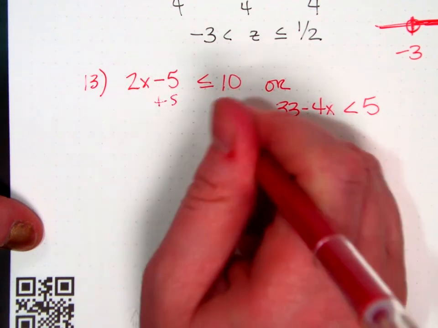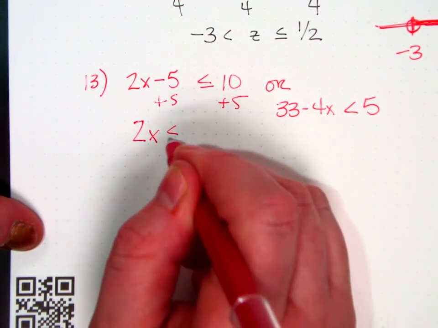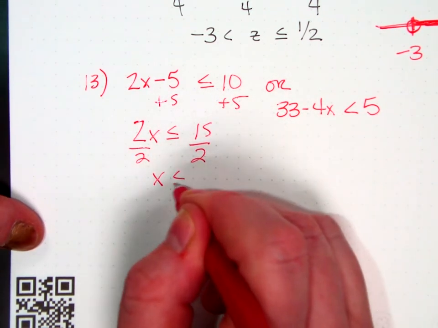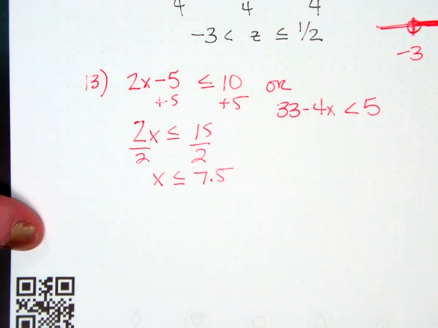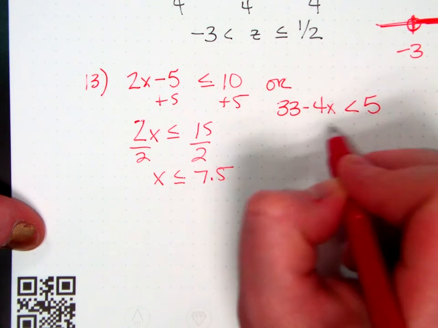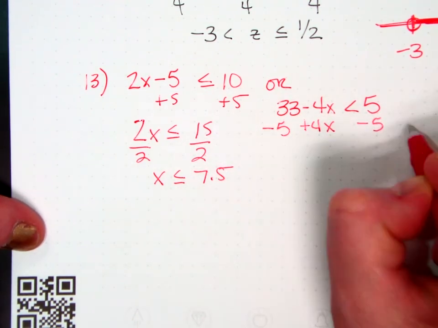So, add 5, 2x is less than or equal to 15, divide by 2, x is less than or equal to 7.5, or 15/2. I'm going to add the 4x over, plus 4x, I'm going to subtract the 5.